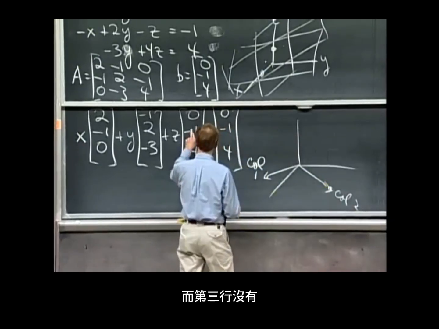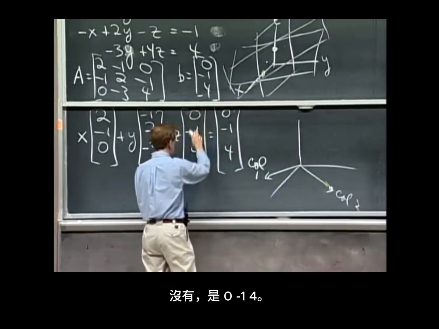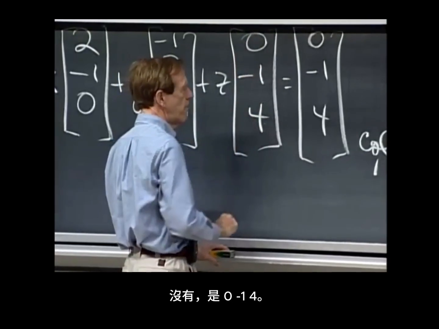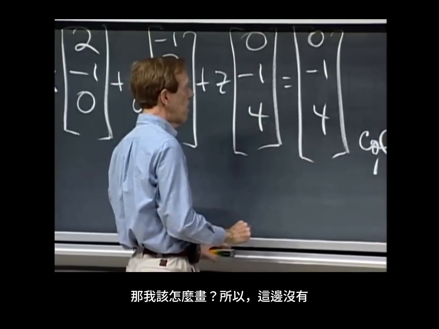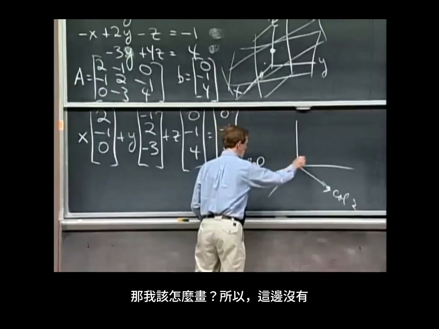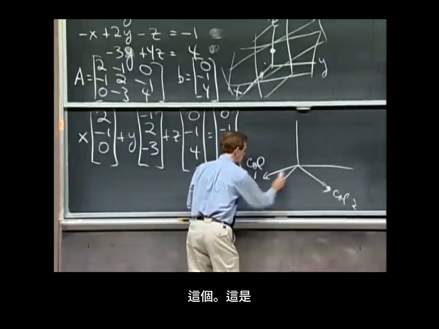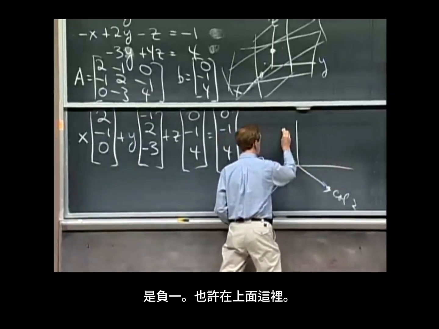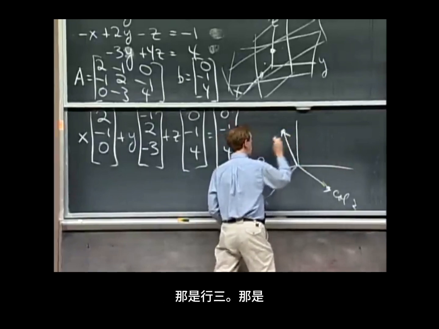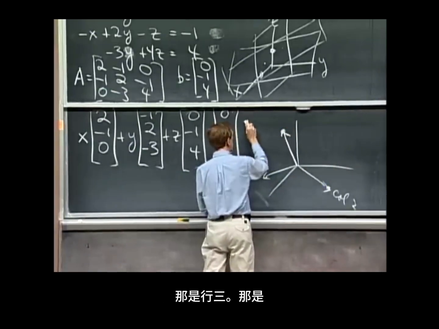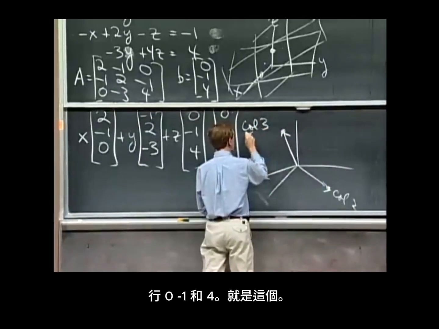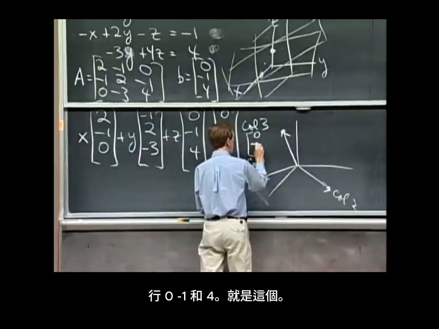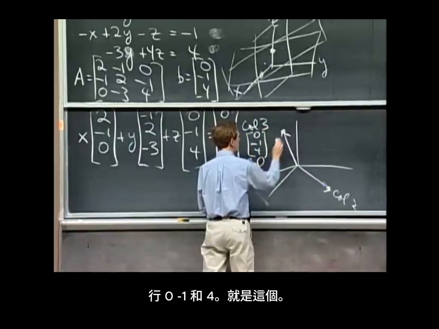And the third column is 0, minus 1, 4. So how shall I draw that? So nothing in the first component. The second component was a minus 1, maybe up here. That's column 3. That's the column 0, minus 1, and 4. This guy.